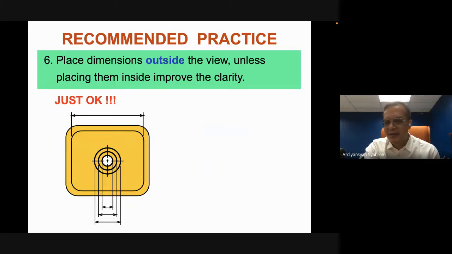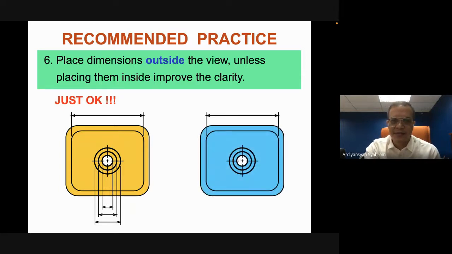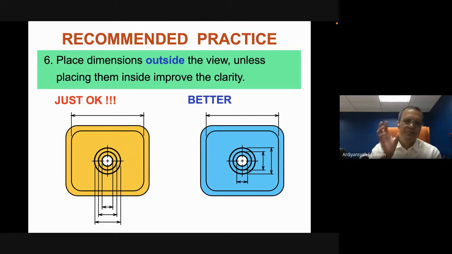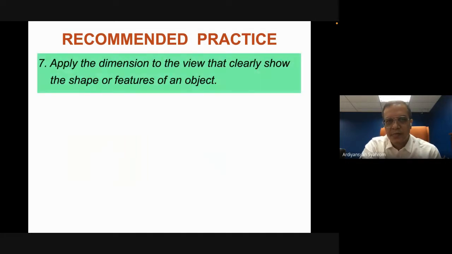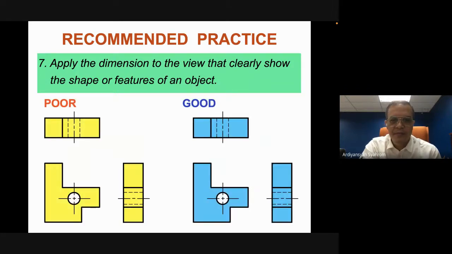That's okay, but it's better like that. So you give some point, then you give another way, is okay also. That is more clear. Apply the dimension to the view that clearly shows the shape features of an object.